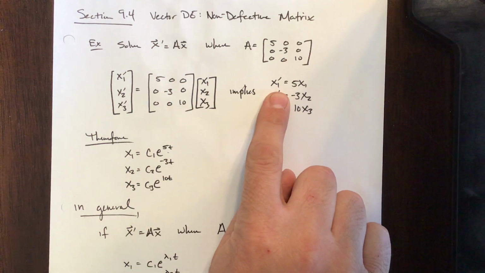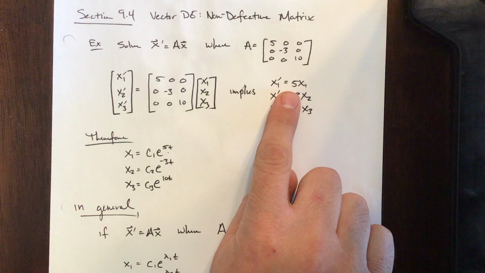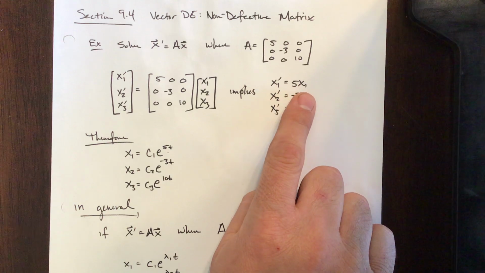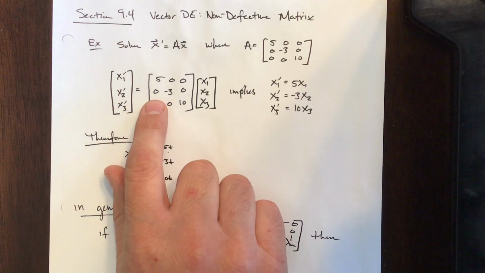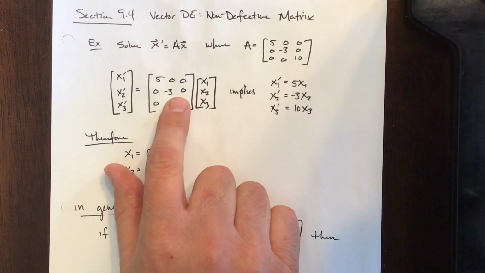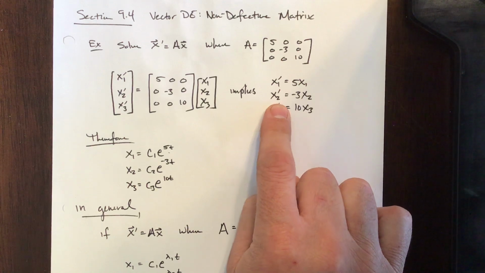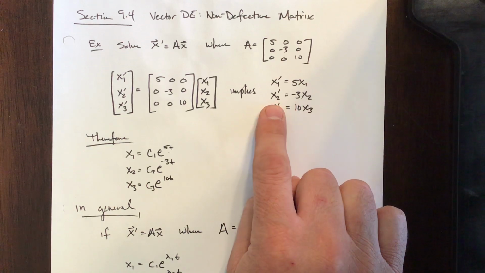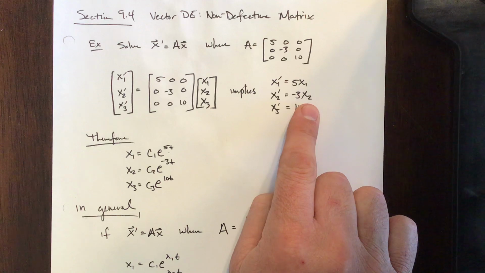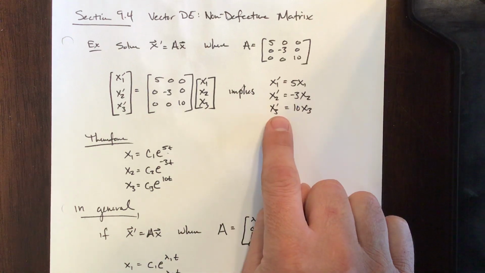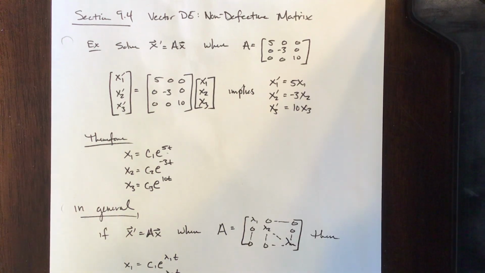In other words, the derivative of an unknown function is 5 times itself. x2 prime would look like 0 times x1, -3 times x2, 0 times x3. So the derivative of x2 is equal to -3 times itself, and the derivative of x3 would be 10 times itself.